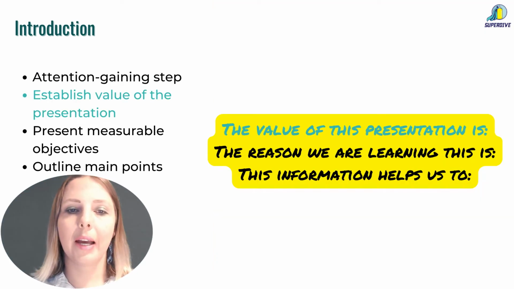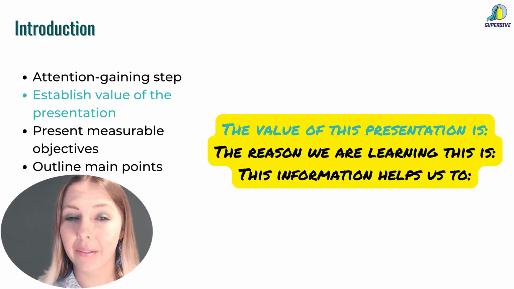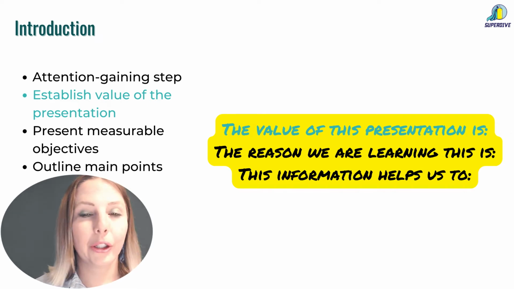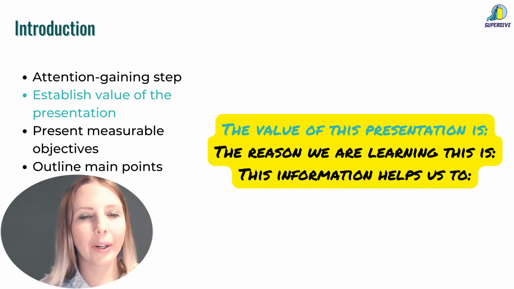You want to establish the value of the presentation. This step is best done by outright saying, the value of this presentation is. When you go on in your life and you are in your instructor career, you should always have this step.